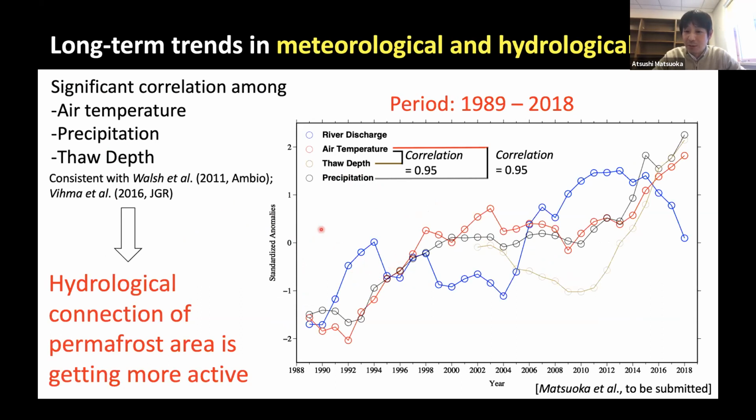We can clearly observe the very strong correlation between air temperature and precipitation, which is very consistent with recent findings. What is the most important feature from this figure is that the thaw depths dramatically increased, specifically since 2011, meaning that hydrological connection is getting more active.